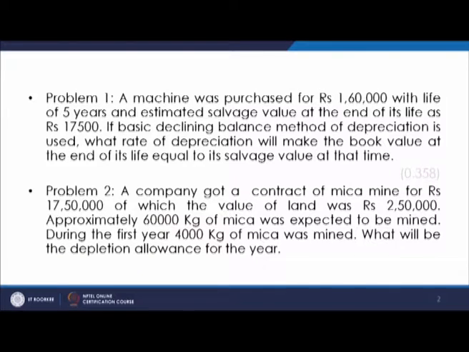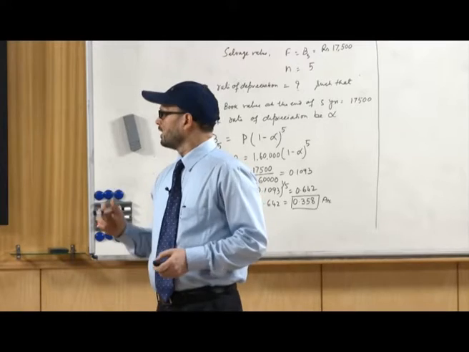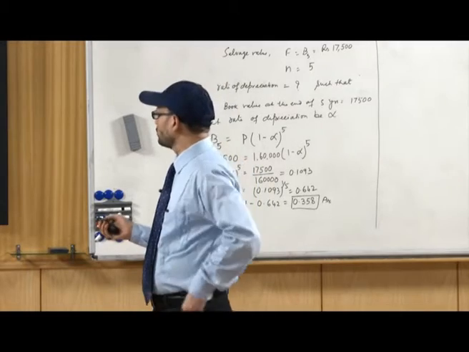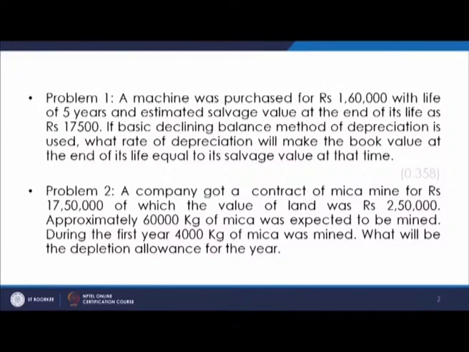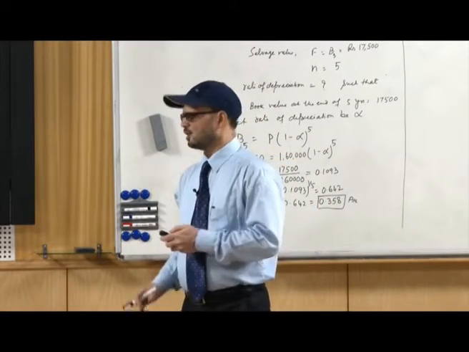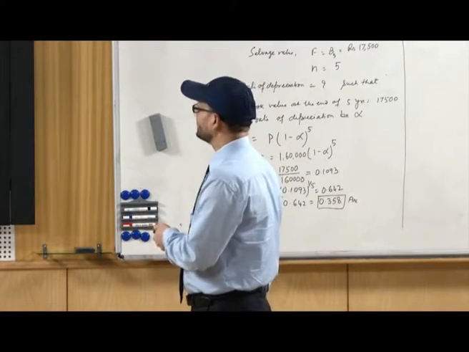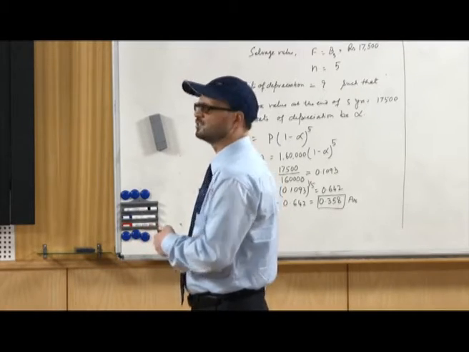This is a problem based on depletion. There are two costs: the contract cost of 17,50,000, of which the land value was 2,50,000. The land is non-depreciable, so it will not be considered while calculating the depletion charge.